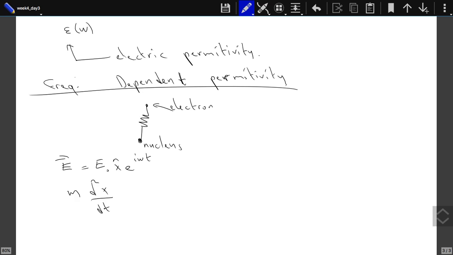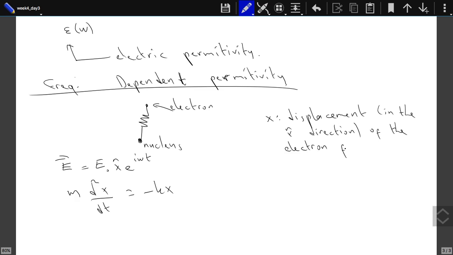Now, what is the equation of motion of the electron? Well, this is mass times the acceleration in the x direction, let's say. Newton's law tells me that this should be equal to the force acting on it. The force acting on the electron is minus k times x, x being the displacement in the x-hat direction of the electron from equilibrium point.